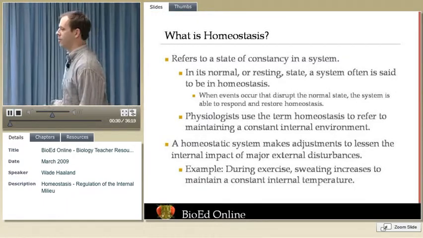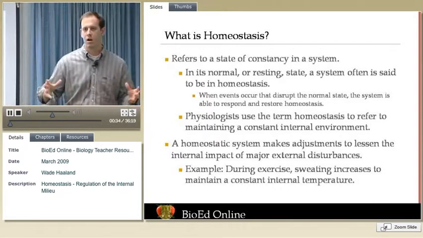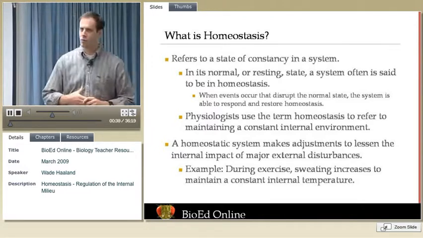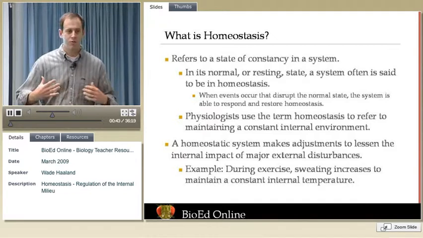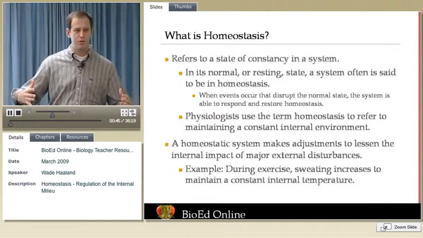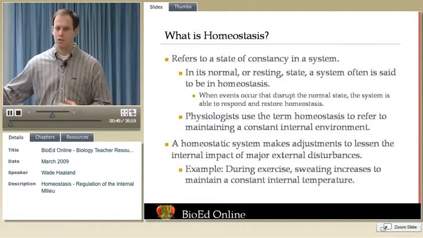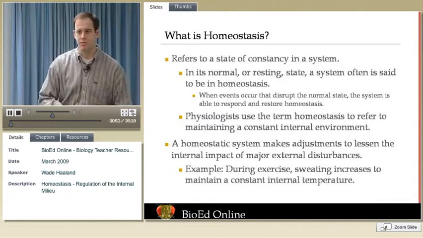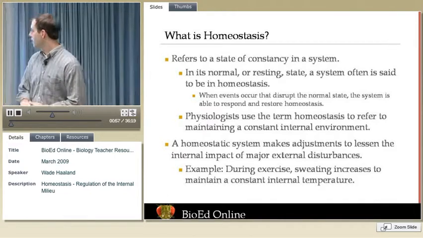So what is homeostasis? When we refer to homeostasis, what we're talking about is having constancy in a system. When we talked about earlier, we were talking about the normal resting state. If you think about the normal resting state as being how you want to be, when you have a disruption in your normal resting state, you will eventually come back to that state. And that's what we call homeostasis, the ability to adapt to change and return to a normal system.